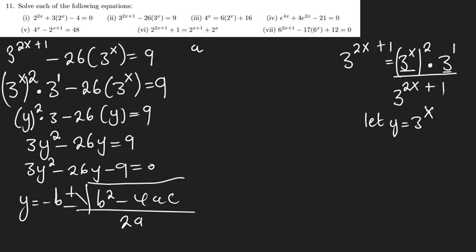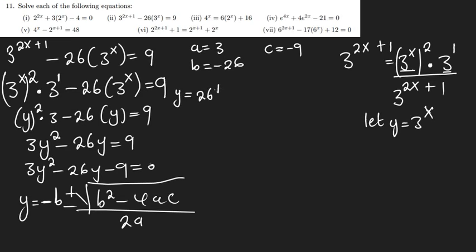So my a is 3, my b is negative 26, and my c is negative 9. So y is equal to, what is the b? Because there's a negative here and b is negative, this will be a positive 26.